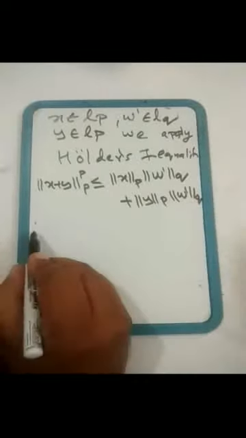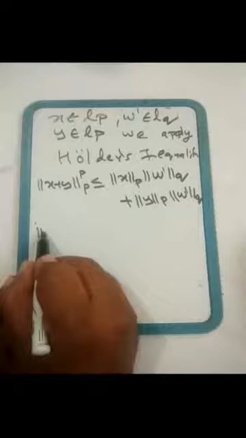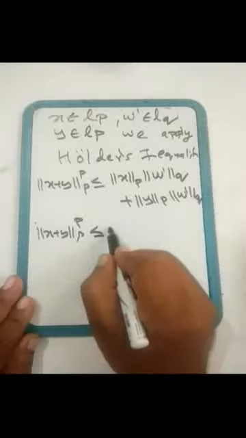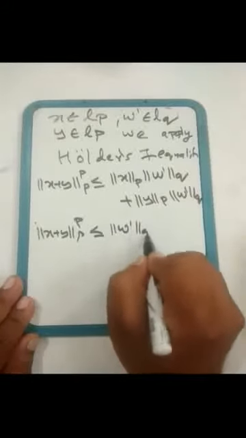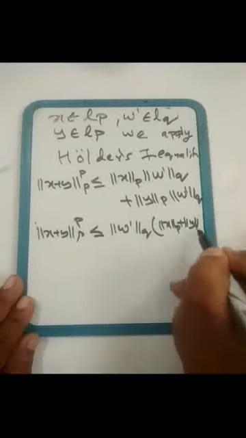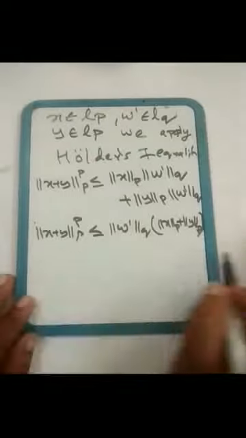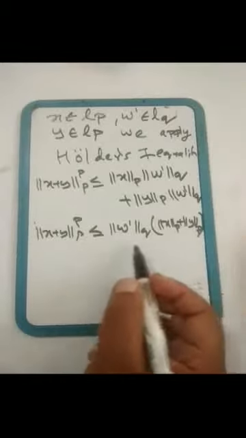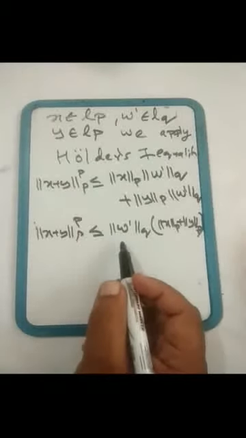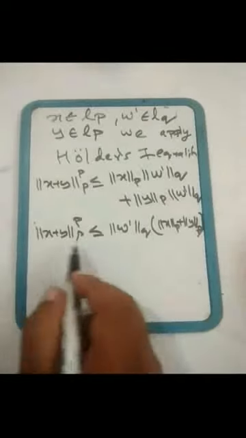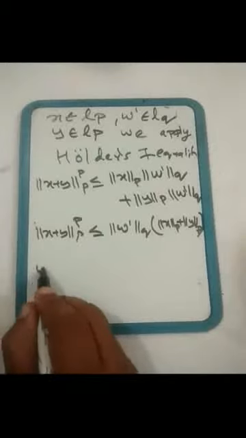So what is common from here? Norm of X plus Y, pth norm, is less than or equal to the norm of W dash, qth norm, into the bracket norm X p plus norm Y p. This is the thing. But what is W dash? Yeah, so the W dash is nothing but mod of xi plus yi, let's write that.